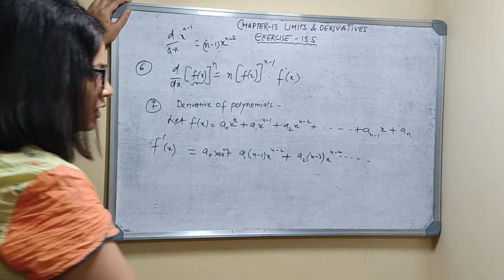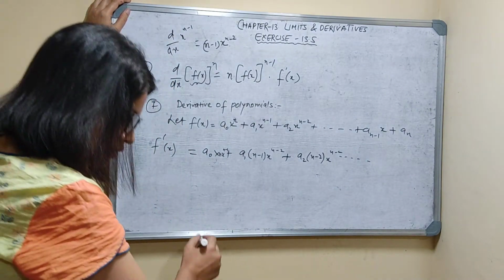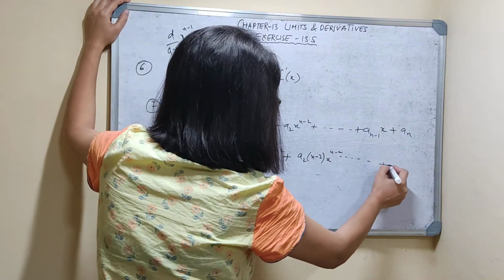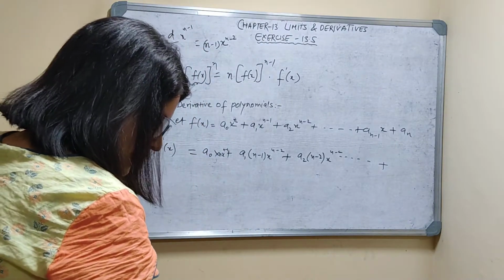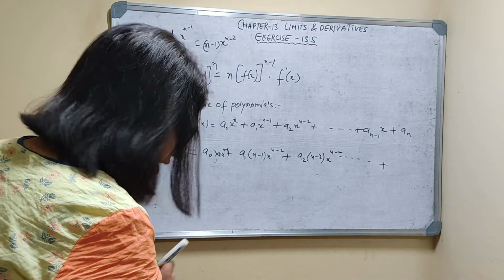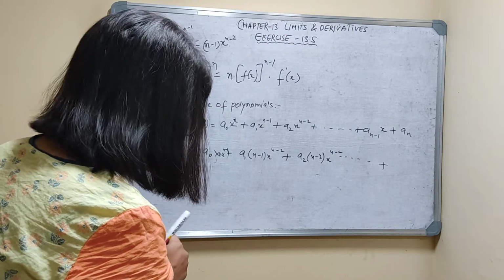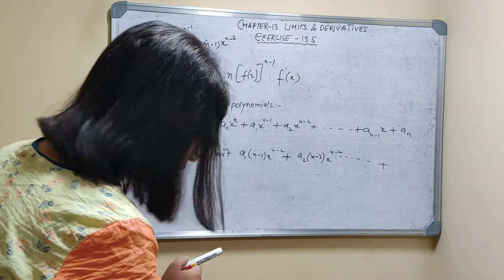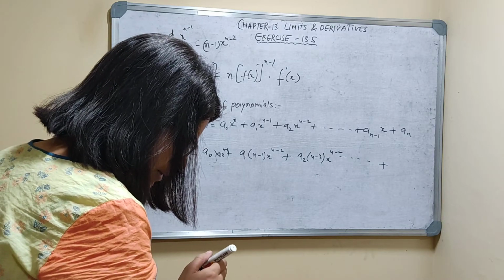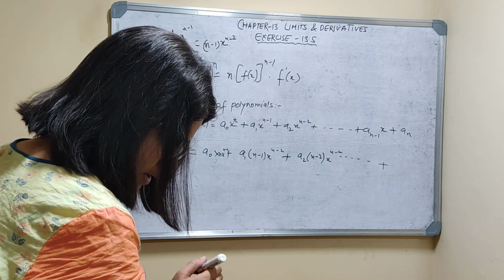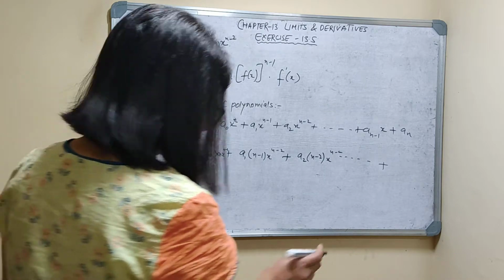Like this it will go. Is it clear? So the last terms will be plus a n minus 1.